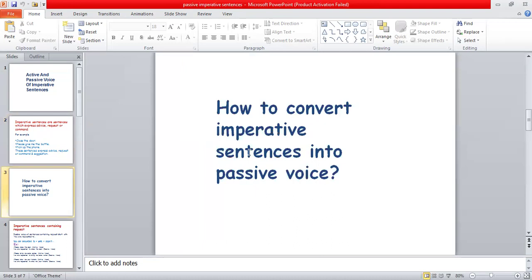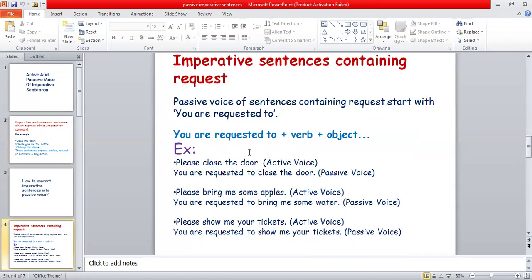Now we have to see how to convert imperative sentences into passive voice. Imperative sentences containing requests. First of all, we have to learn how to change the imperative sentences which contain requests from active into passive voice. You are requested plus verb plus object.